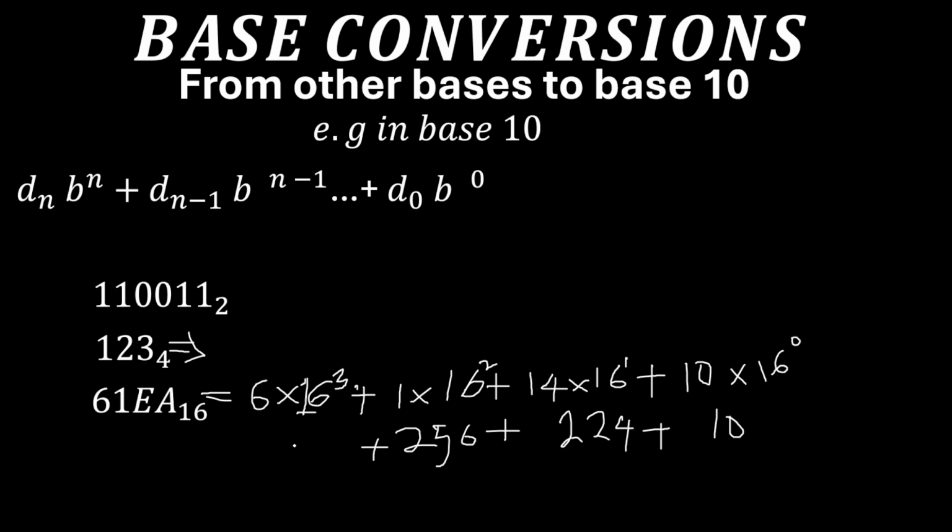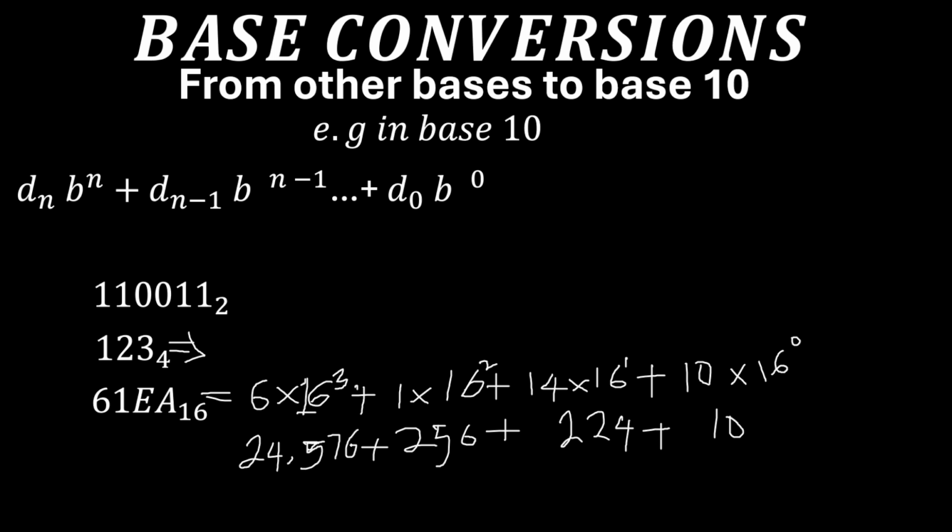So 16 raised to power 3, that's going to be 16 multiplied by 16 multiplied by 16, isn't it? Then multiply by 6. So we are having 24,576.